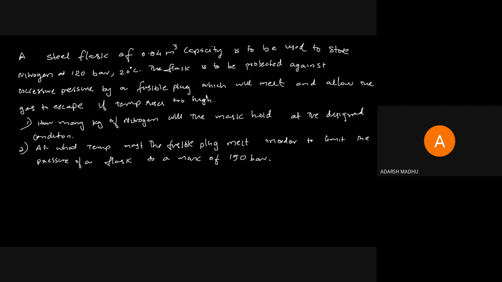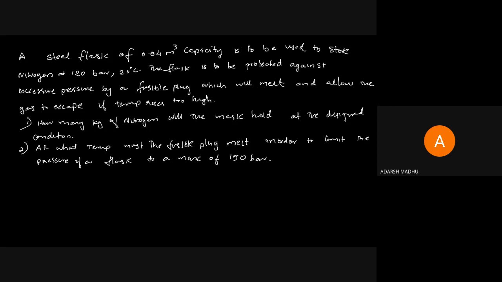How many kilogram of nitrogen will the flask hold at the desired condition? There is a condition of nitrogen of 120 bar, temperature is there, and capacity of flask is there. You must find out the amount of nitrogen that can be held at the desired condition by the flask. Mass of the nitrogen. Just use the equation PV equal to MRT. Then, at what temperature will the fusible plug melt, in order to limit the pressure of the flask to a maximum of 150 bar?